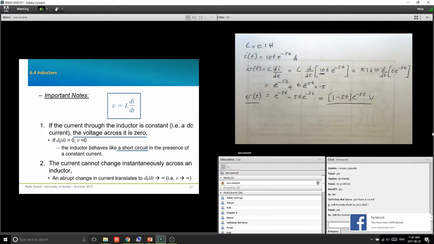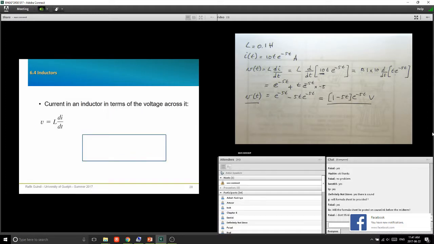So the current can never have a discontinuity, and that parallels what we said for the voltage in a capacitor. In a capacitor, the voltage cannot jump instantaneously, and in the inductor, the current cannot change instantaneously, because that would mean the voltage would have to go to infinity. You can deduce all of that from this voltage-current relationship. v equals L di/dt tells you everything.